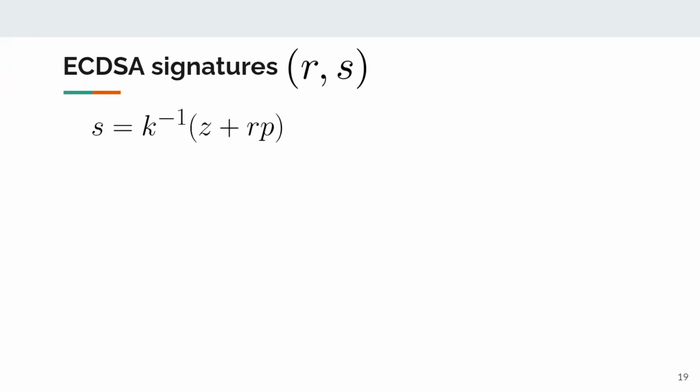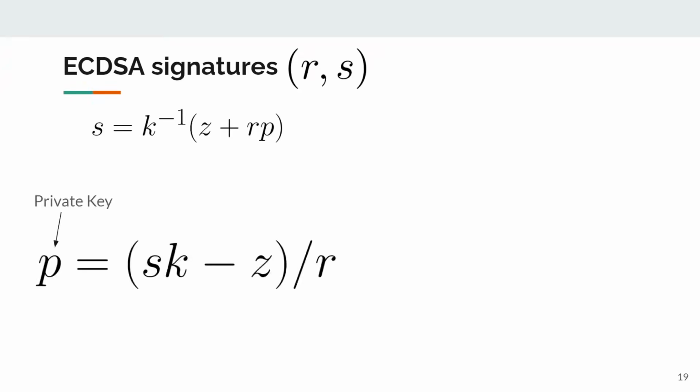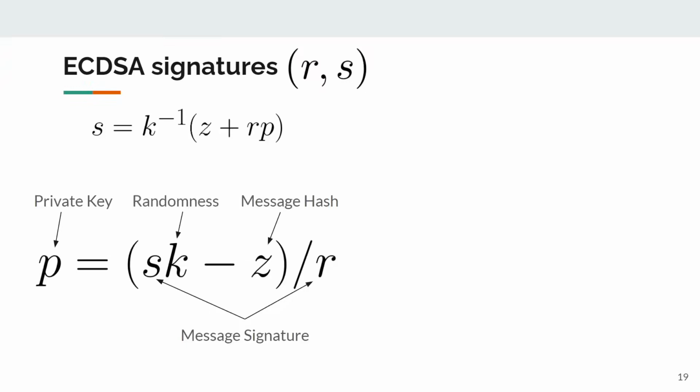Of course, an attacker wants the private key, so we can look at how the signature is calculated with this equation and rewrite it in terms of the private key. Remember, the attacker has the message signature, so the r and the s, and they know what was signed. What that means is the only thing left is the randomness, k.